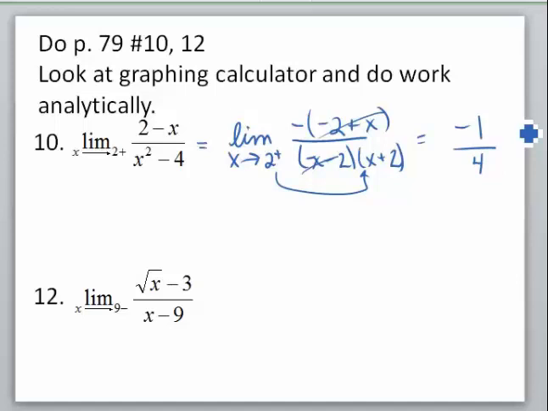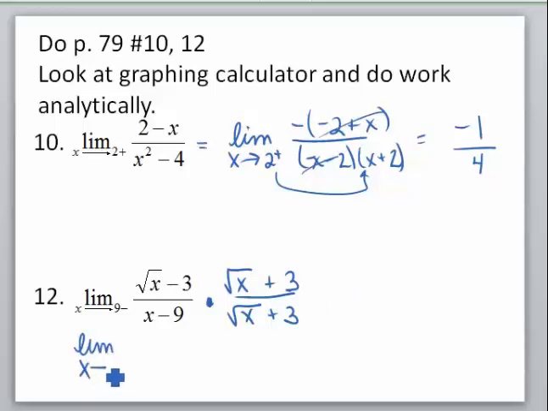On the next part, I'm going to multiply by the conjugate. I've seen many of these. And notice these are one-sided limits, but you can find one-sided limits by doing the same techniques as we've done on the other limits.